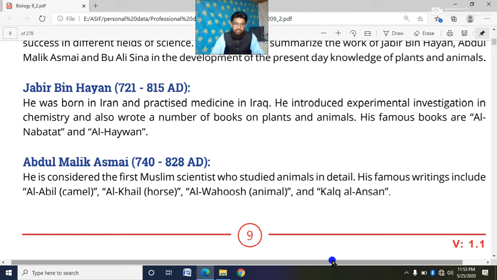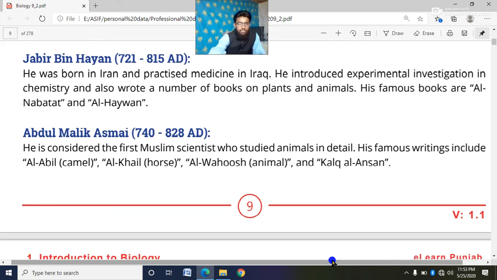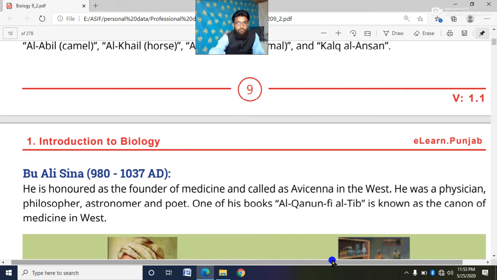And Khalq al Insan. This is also the name of his book. These are the very famous books written by Abdul Malik Asmai. These are a main source of knowledge about living things, especially animals. So, dear cadets, Abdul Malik Asmai was a zoologist.